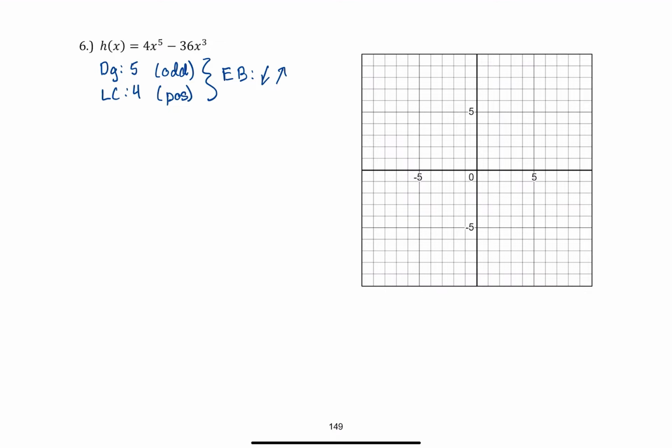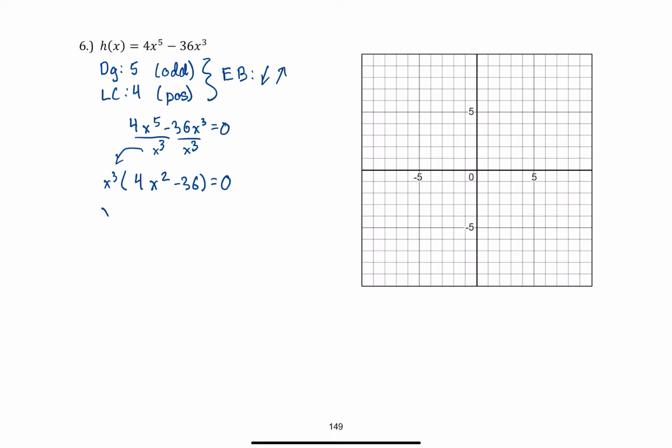All right. To find the zeros, we'll take the 4x to the 5th minus 36x cubed, set it equal to 0. Notice that both of these numbers are divisible by x cubed. I'll factor that out in front, and I'll be left with 4x squared minus 36 equal to 0.